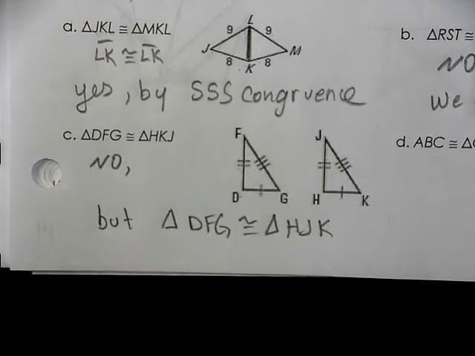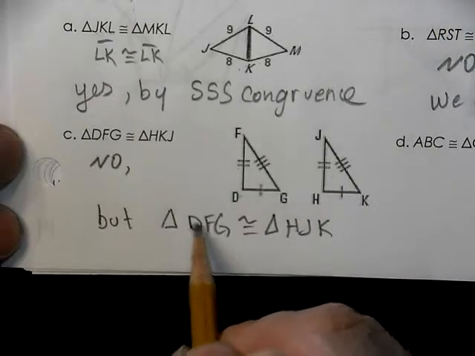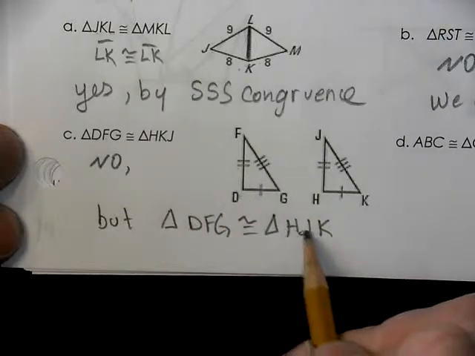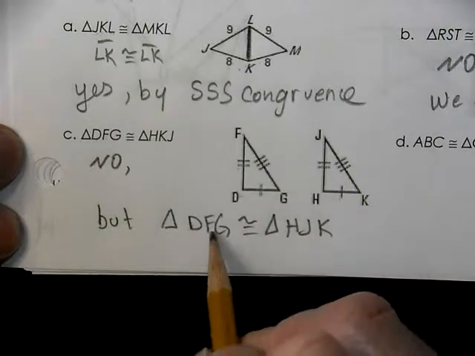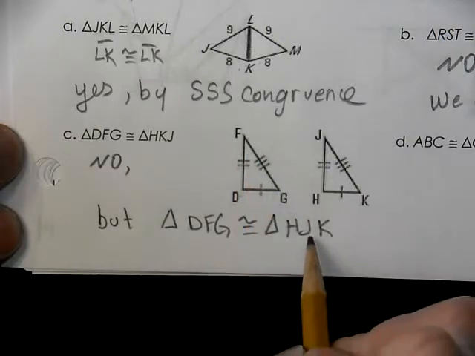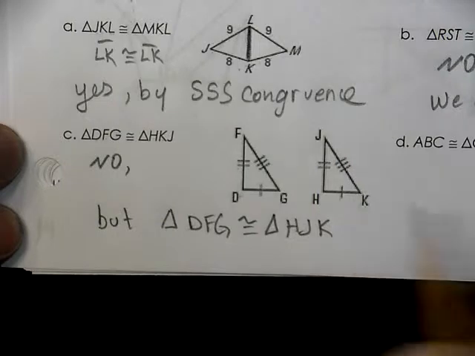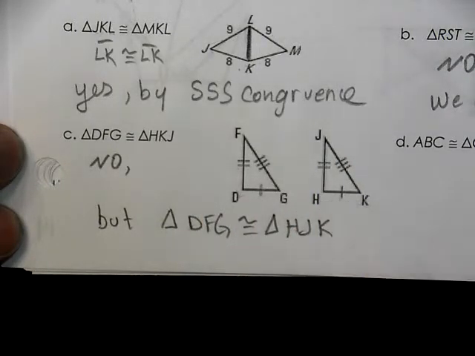The corresponding sides have to match up. The first 2 letters, DF, have to correspond with the first 2 letters, HJ. The second 2 letters, FG, have to correspond with the second 2 letters, JK. And the first and last with the first and last.